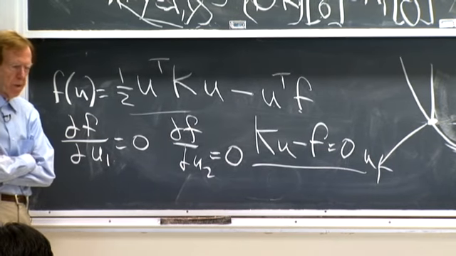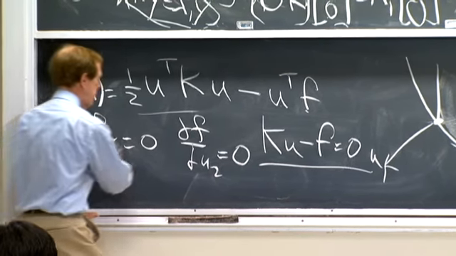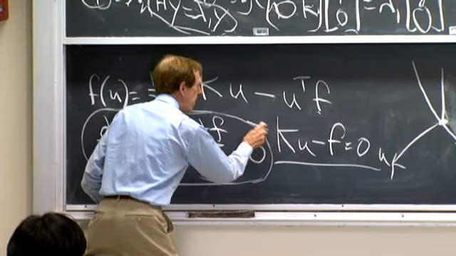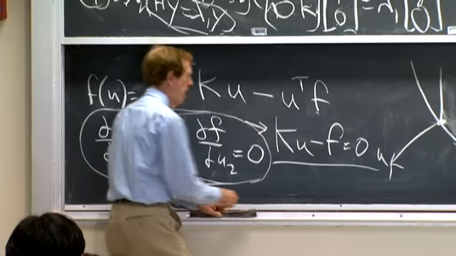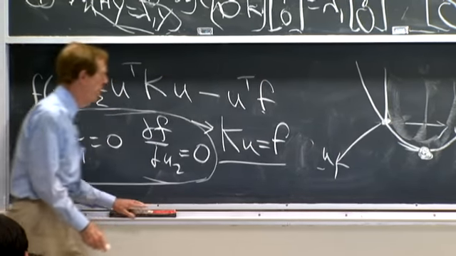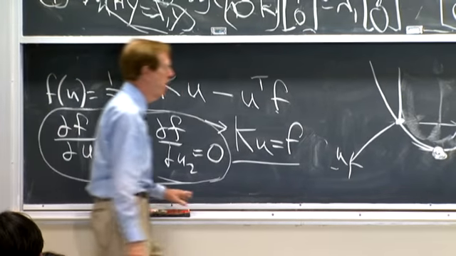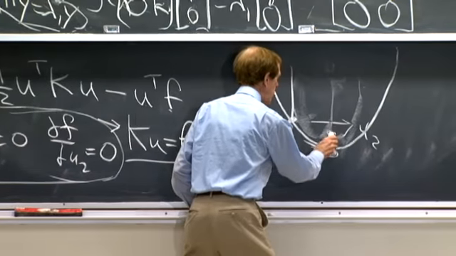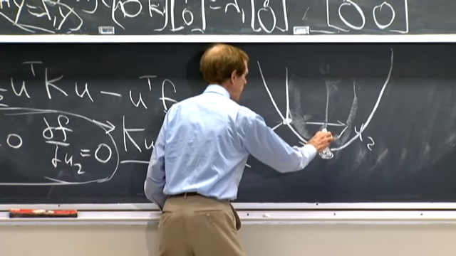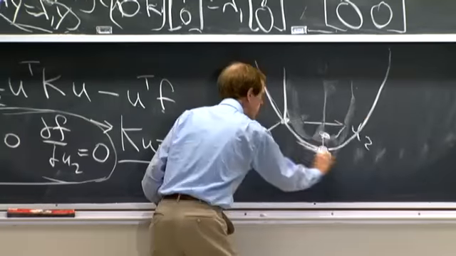I've jumped to the answer. This set of 2 or n equations in matrix language would just be, and I'll write it better, ku equal f. That tells me where the minimum is. The minimizing u is here, and then the function is dropping down.